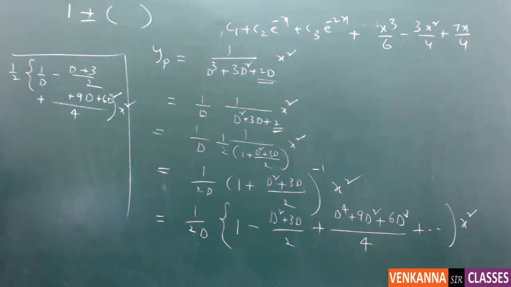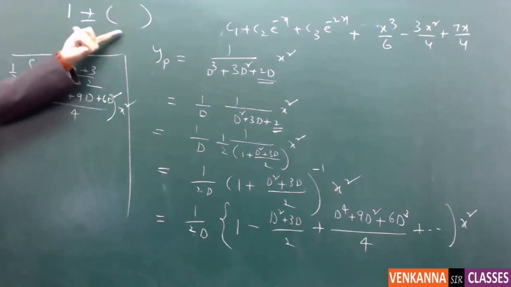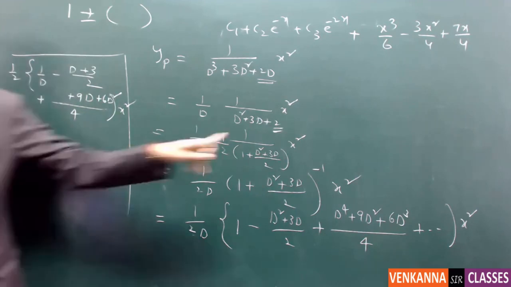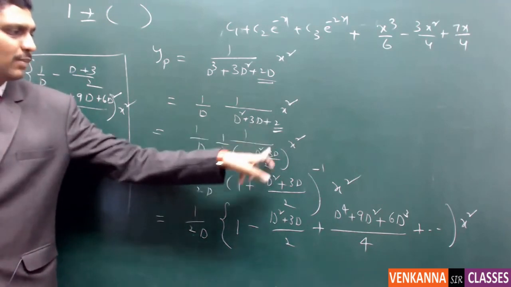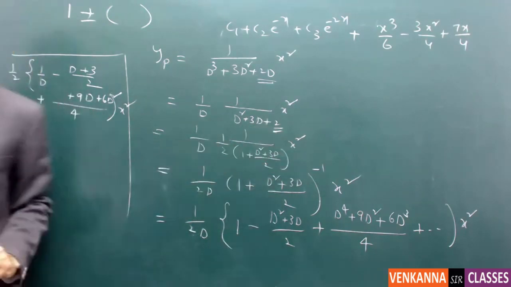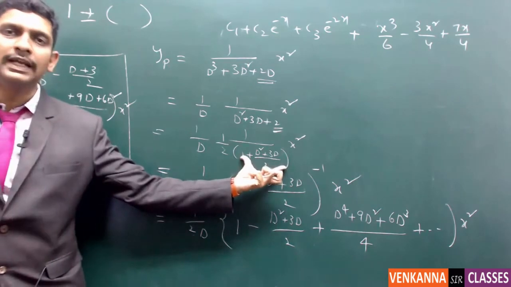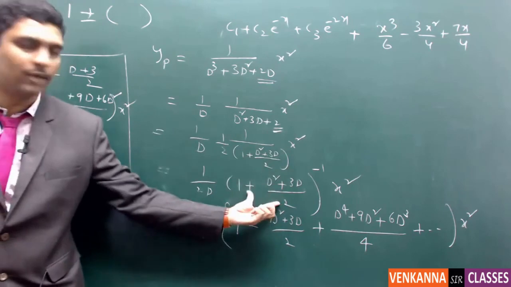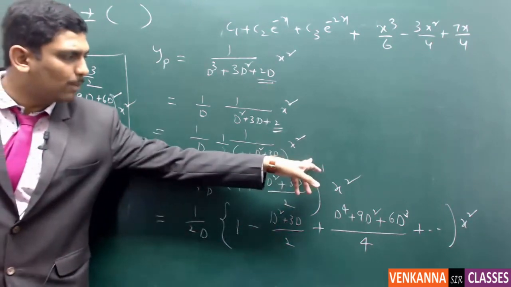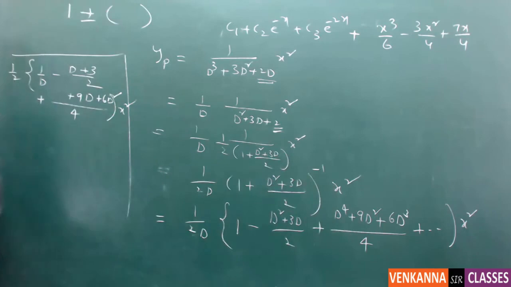So by taking the constant as common, I will get the required expression 1 plus or minus something in the denominator. So if you take 2 as common here, 1 plus D square plus 3D by 2 of x square will come. This whole thing is treated as 1 plus x in the denominator. So (1 plus x) whole power minus 1 of x square is the form. Accepted? If that is clear, then I move further.